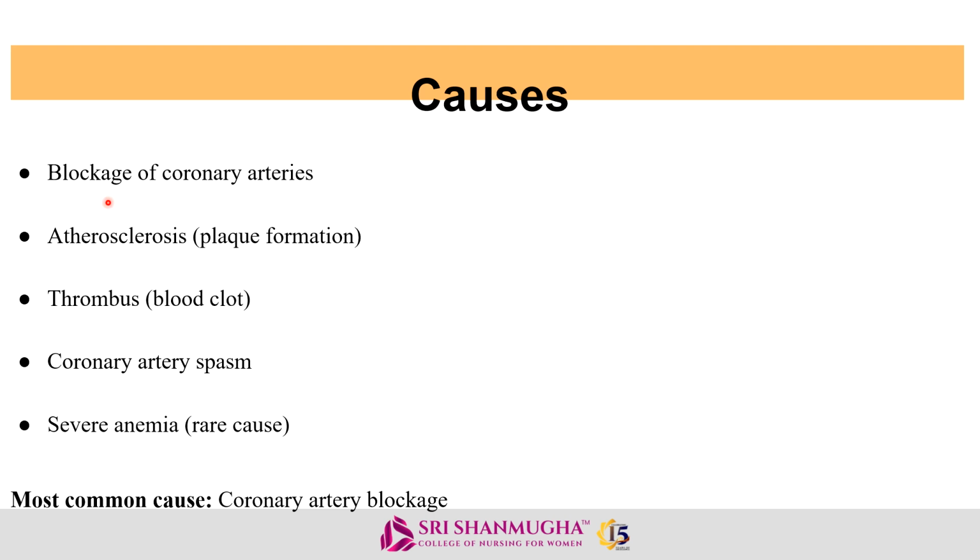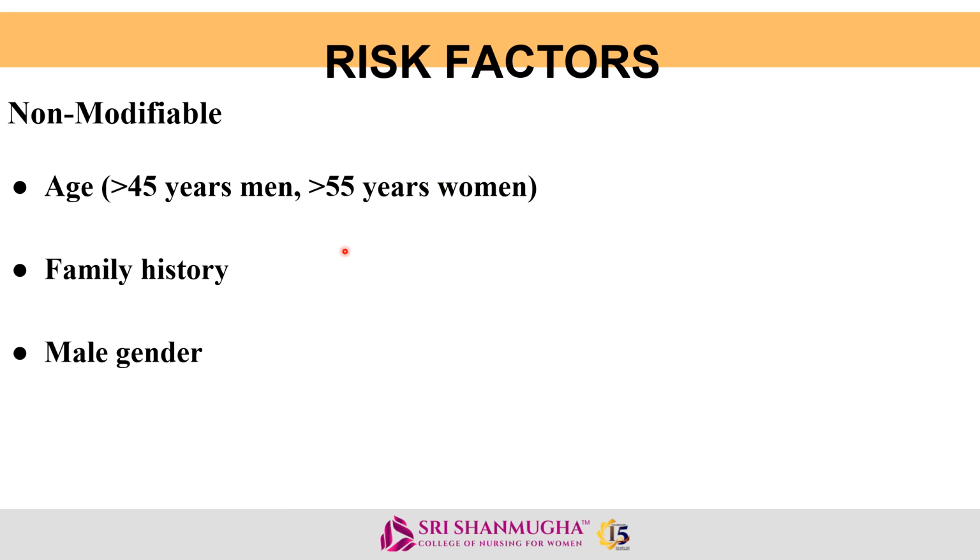Coming to causes: blockage of the coronary arteries due to plaque formation, atherosclerosis, blood clots, coronary artery spasm, severe anemia. Risk factors: the first one is non-modifiable, the risk that cannot be changed, which includes age above 45 years in men and above 55 years in women.